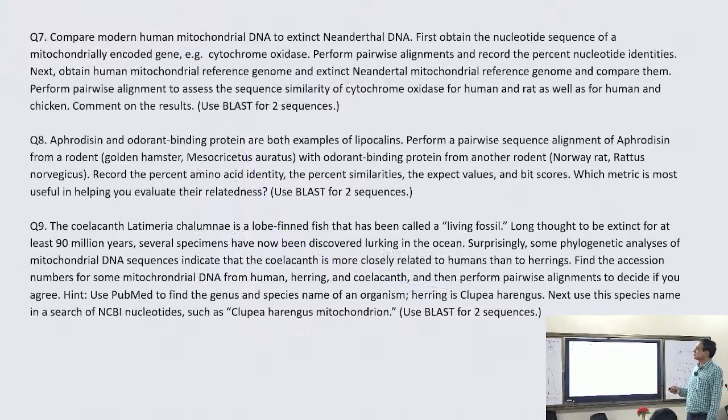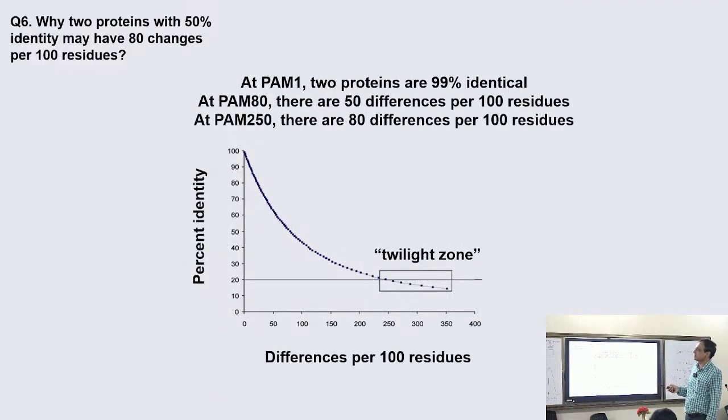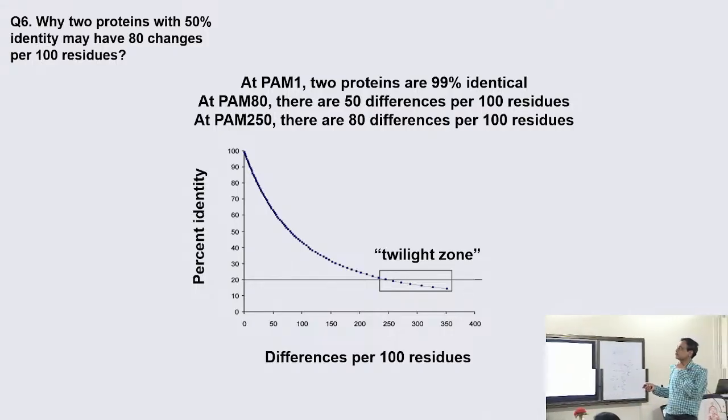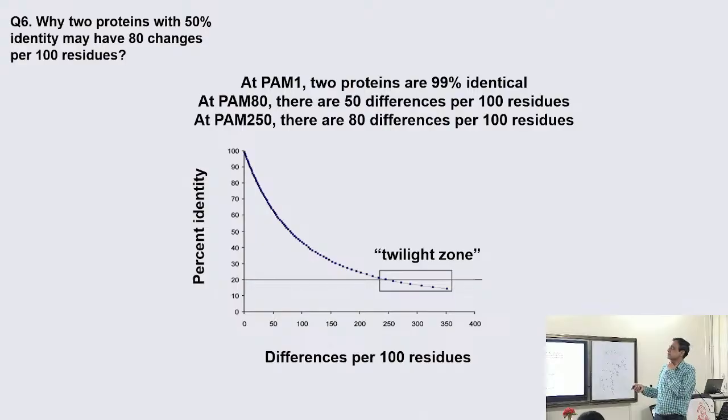Now the question is: why may two proteins with 50% identity have 80 changes per 100 residues?